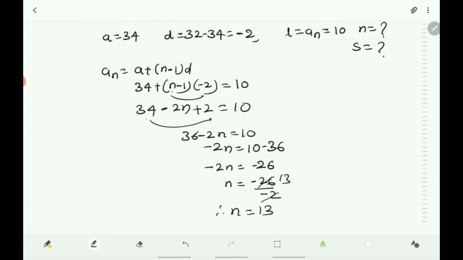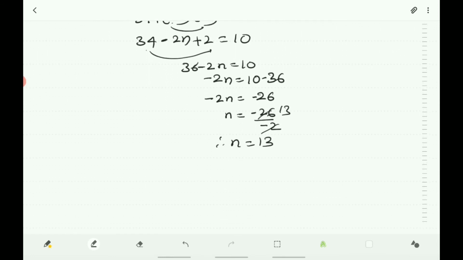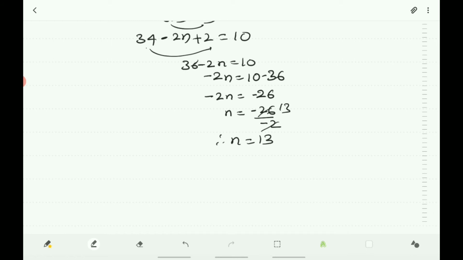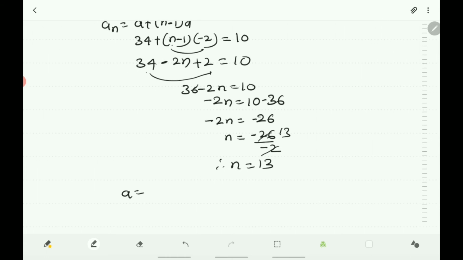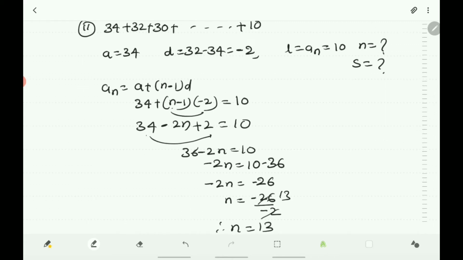Again you find the sum here, sum of the first 13 terms. A is known here, A is 34, and N is here 13, and the last term L is 10.